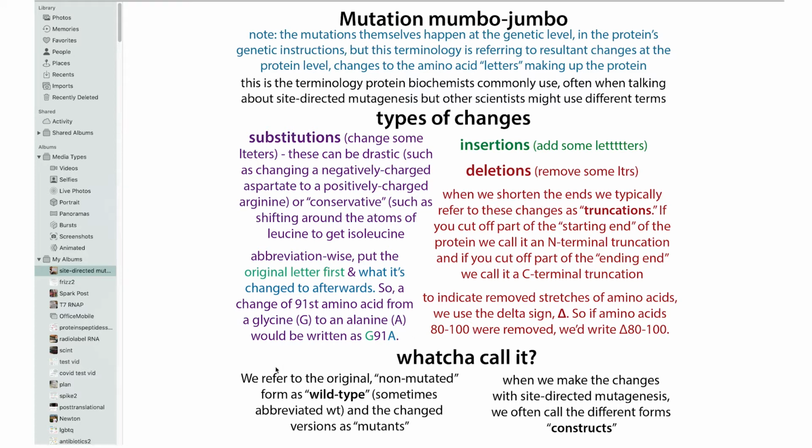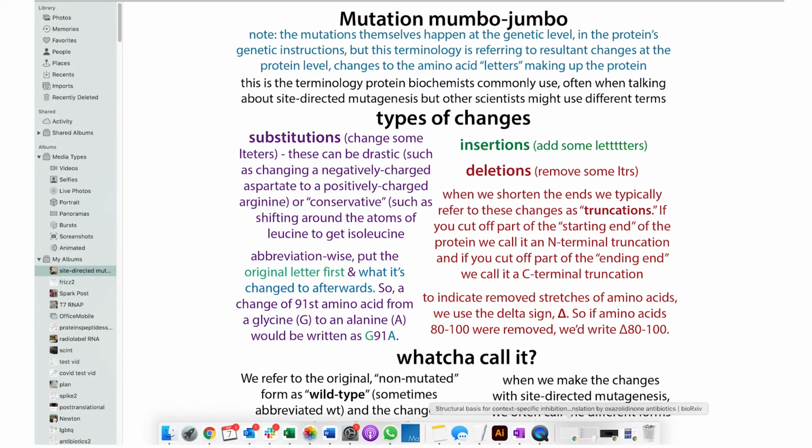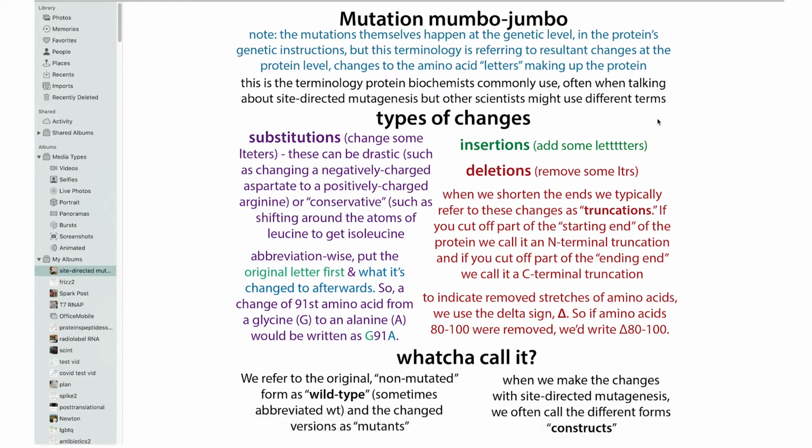And then, as we talked about, we refer to the original version as wild type, sometimes abbreviated WT, and the changed version as mutants. So yes, we really do call that mutants. That's not just a bumbly biochemist thing. And then we can also call these different forms constructs, especially when it's a truncation or whatever, so you're not really mutating the actual stuff inside of it, but we're chopping off part of it.